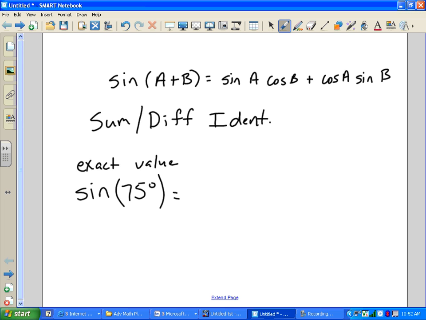So we said 30 and 45 would give me that 75.